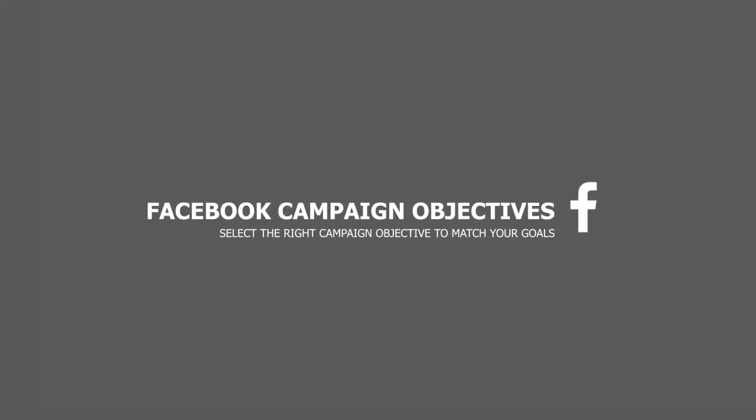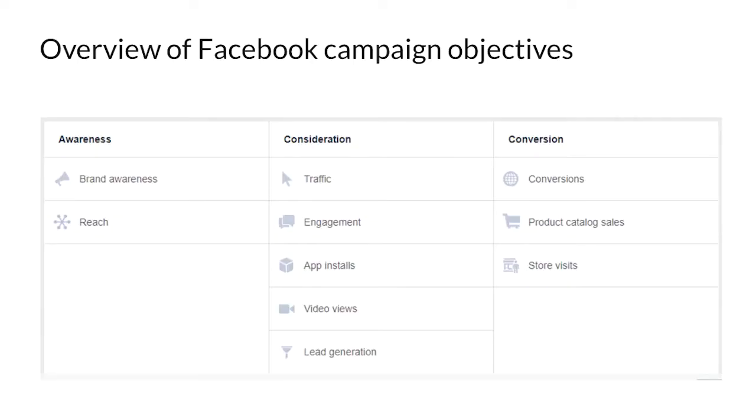Now that we have a good understanding of the Facebook ads account structure, let's deep dive into Facebook campaign objectives. Let me help you to select the right campaign objective that matches your goals and maximizes the performance of your Facebook ad campaigns. Here is a quick overview of the different campaign objectives available in Facebook.